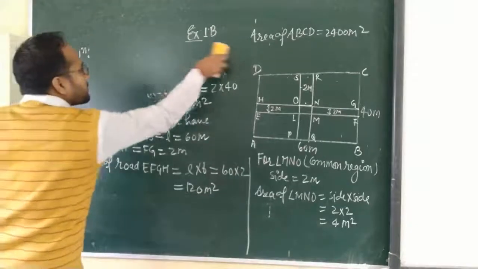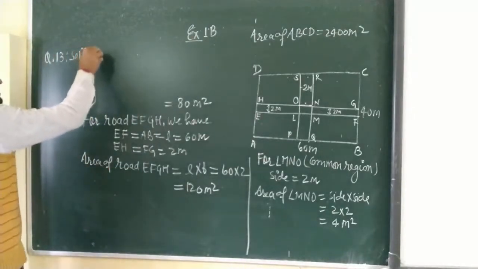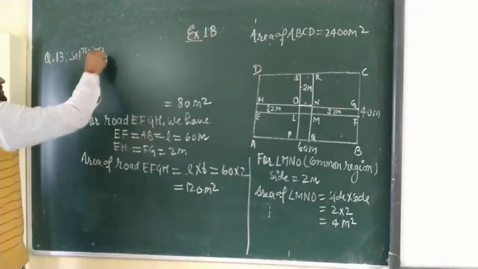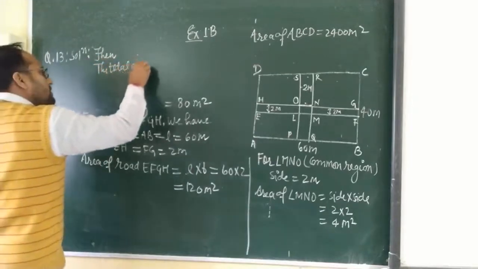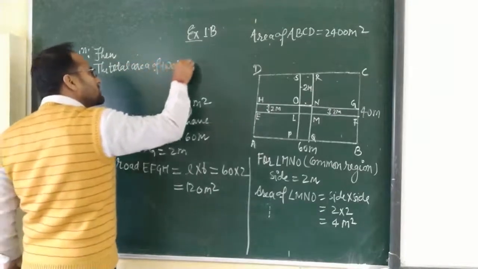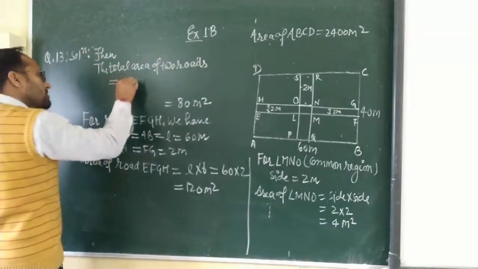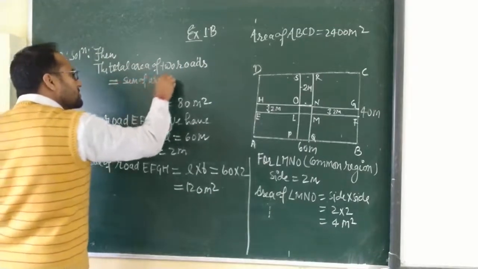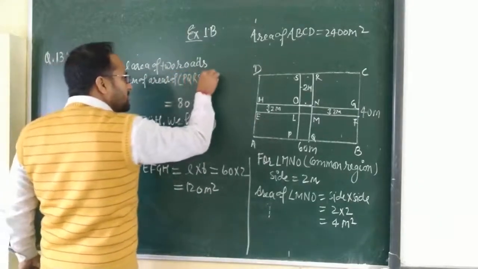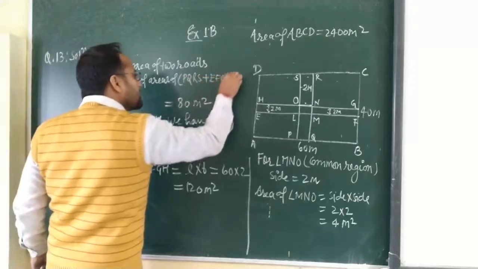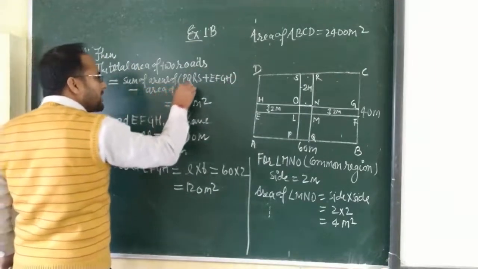Okay, now total area of two roads is equal to sum of areas of PQRS plus EFGH minus area of LMNO.